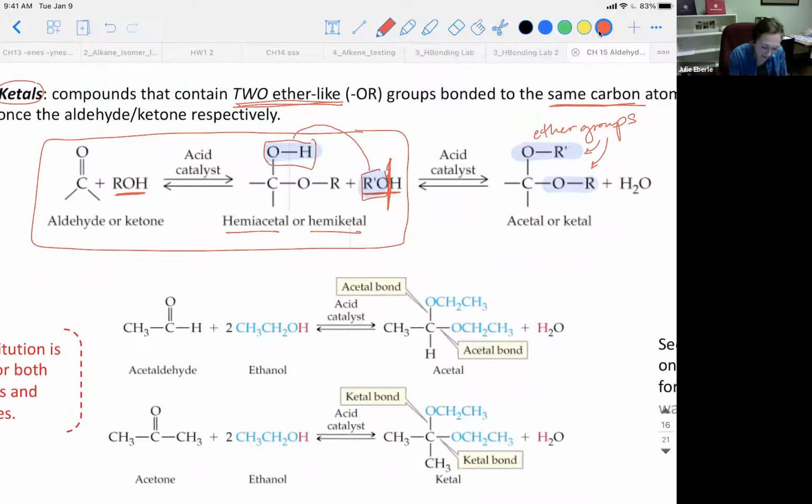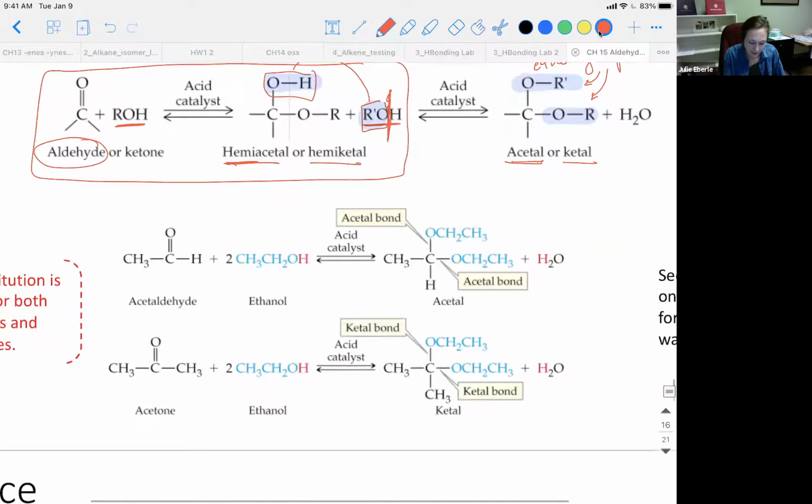The word hemi means you have two different kinds of groups bonded to your carbon, the alcohol-like group and the ether-like group. But when you have just two ether-like groups, we lose the word hemi. It's just an acetal or a ketal. Now, how do I know if it's an acetal or a ketal? It depends on what I started with. If I started with an aldehyde, I get an acetal. But if I started with a ketone, my final product is a ketal.